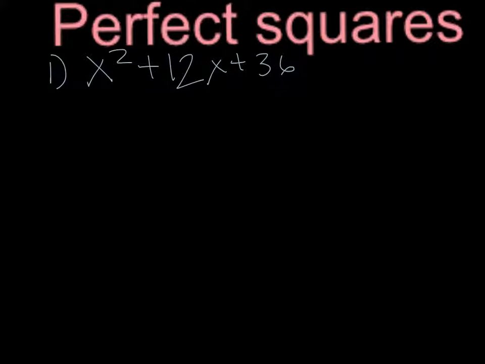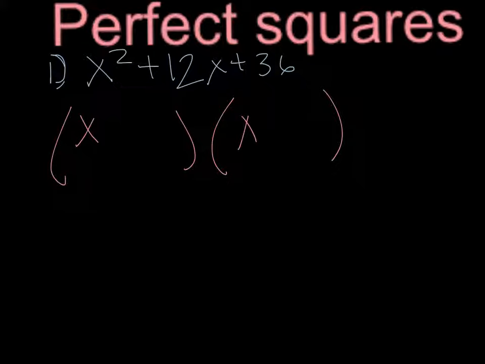For perfect square, it means that once you factor it, you should get two same factors. Since there's a 1 in front of the x, you can immediately put down two sets of parentheses and an x in each.